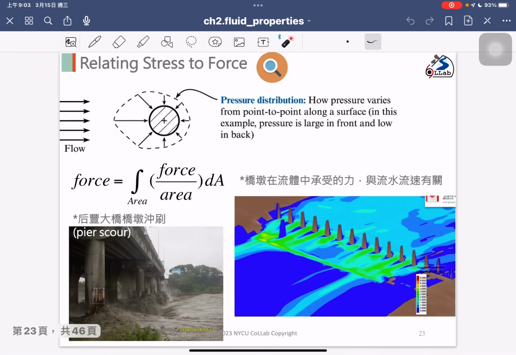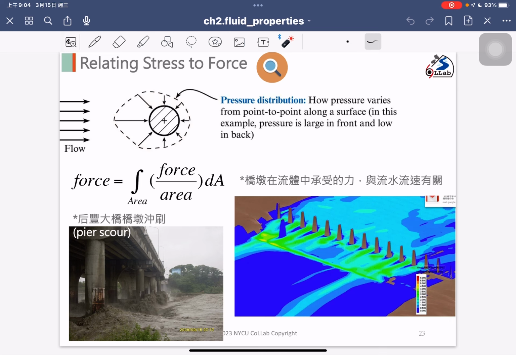Before we convert the pressure, the stress, or the shear stress to force, we should understand the pressure distribution first, which means the pressure varies point by point along the target surface. This is an example.